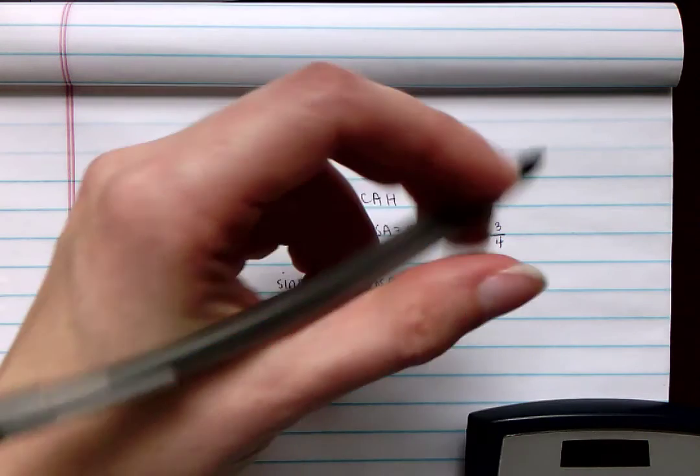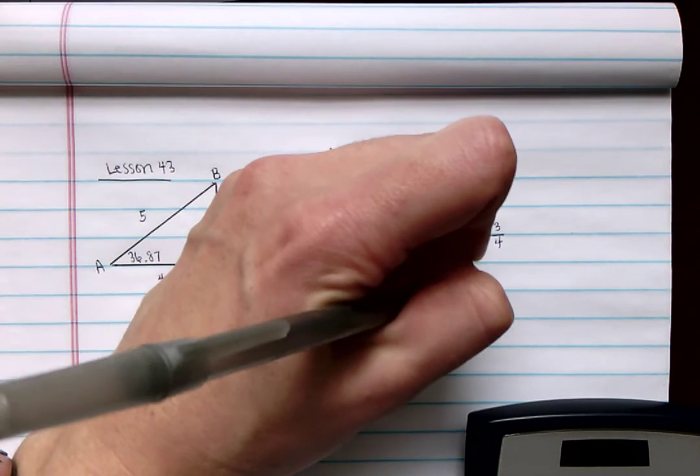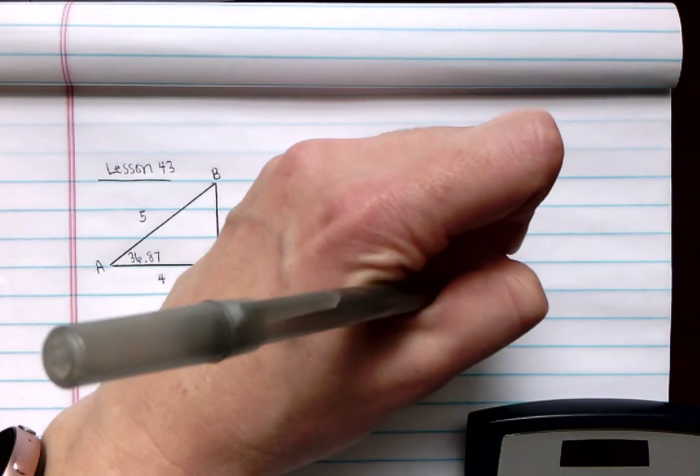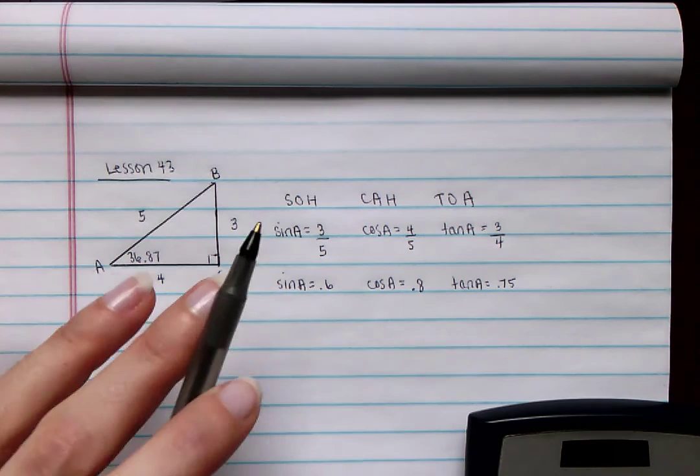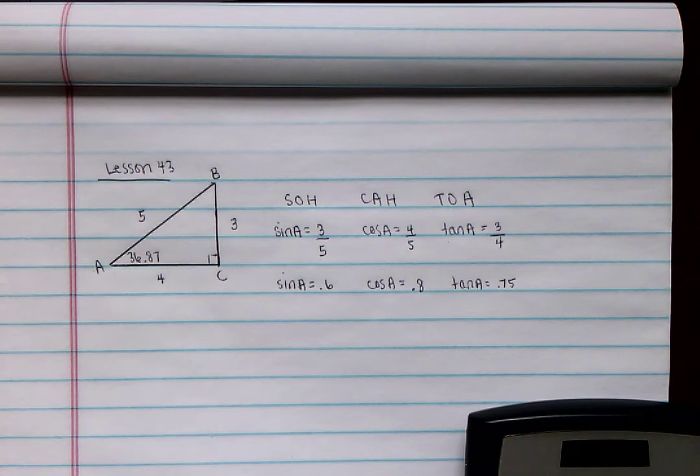And then tangent of A, you can write it as 0.75. Okay? So either one of those works. You can use the decimal or you can use the fraction. Sometimes you just see it as a fraction. Make sure, again, you're in degree mode when you work with these, because these are all dealing with degrees.